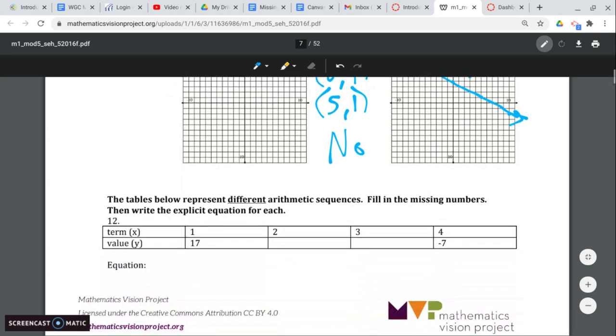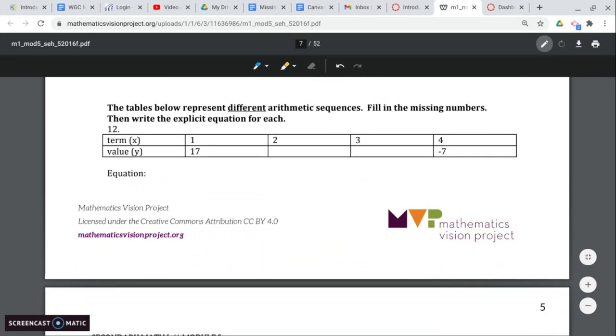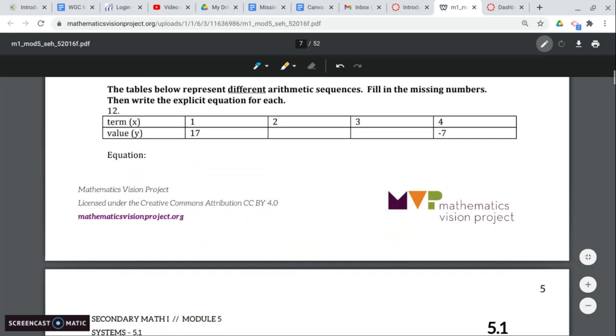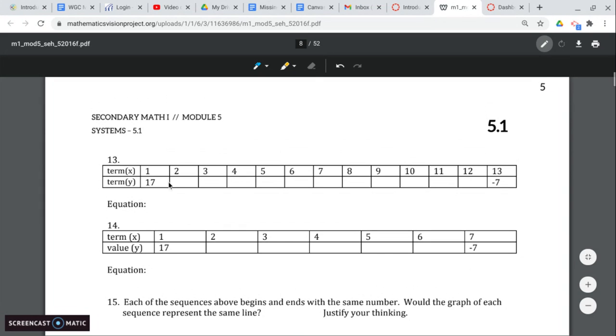Okay. All right. Our next section, the tables below represent different arithmetic sequences. Fill in the missing numbers, then write the explicit equation. So the one we're going to do together is number 13. Remember, when we're given the first and last points in our arithmetic sequence, you're going to take -7 minus 17 over 13 minus 1.